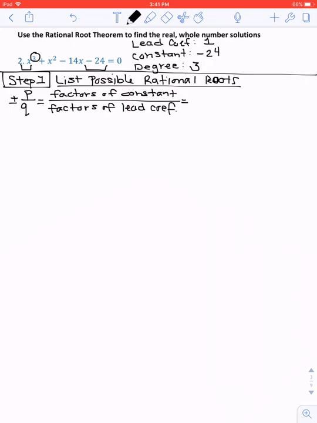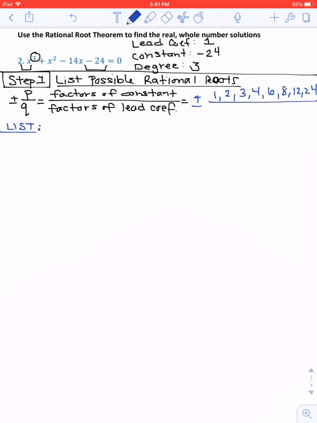So, plus or minus, what are factors of 24? 1, 2, 3, 4, 6, 8, 12, 24. All right, so let's write our list. Are there any doubles that we need to cross off?